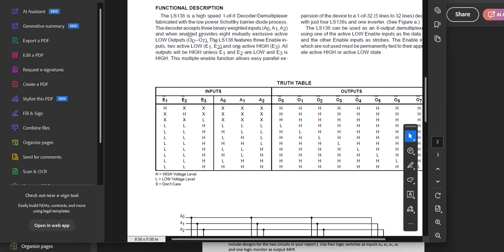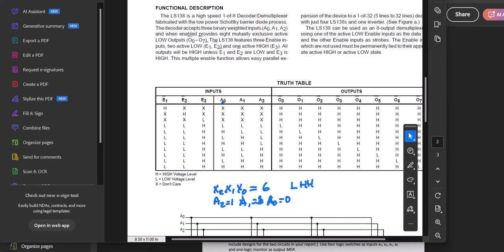Notice these have the least significant bit first. This has A2, A1, A0. And so if I'm looking for when X2, X1, X0 equals 6, that would be A2 equals 1, A1 equals 1, and A0 equals 0, and that would be written because they have the least significant bit first. So that would be low, high, high is equal to 6.